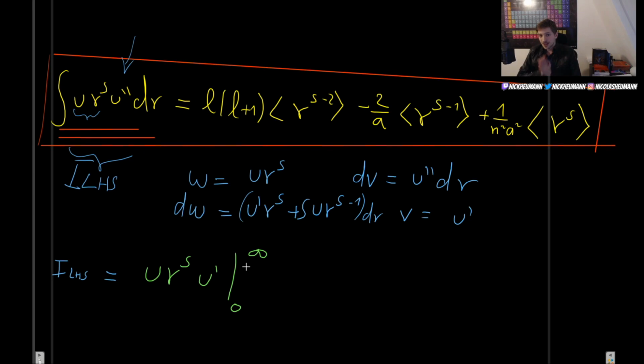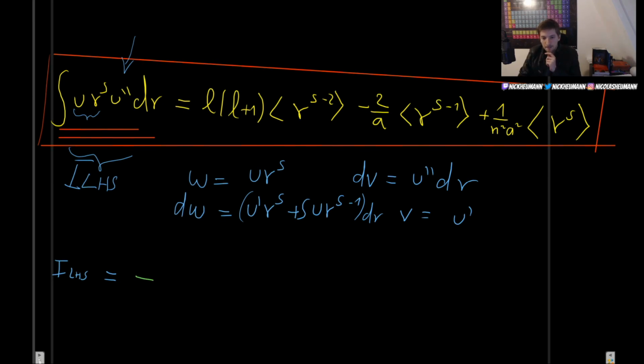However, how did we define this radial function back then, in the first course in quantum mechanics? Well, we defined it in such a way that it goes to 0 both at infinity and at 0. So when we evaluate U at both of these endpoints, it's going to be 0. So this entire thing right here is 0. So goodbye to that.